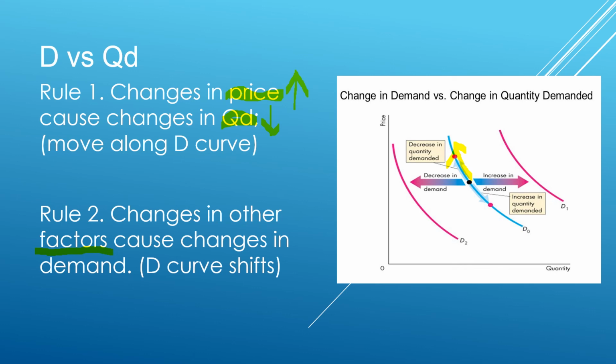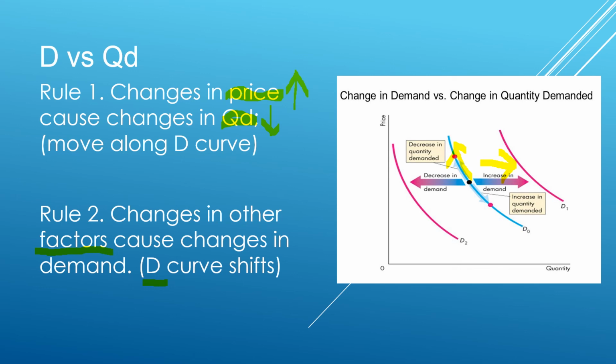So once these other factors cause you to buy more or buy less, you are going to say demand changes. And in that situation, the entire demand curve will shift in a different direction. For example, when people's income increases, we tend to buy more. Income is not the price, so you have to shift the demand curve to the right because demand increases.